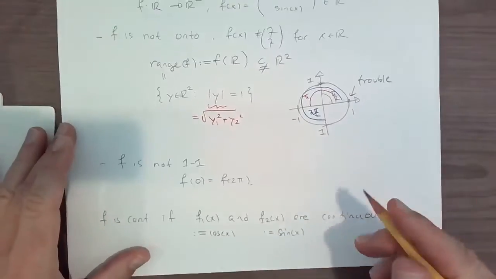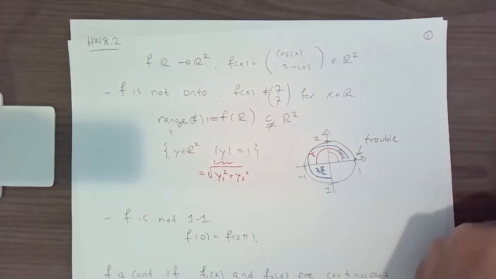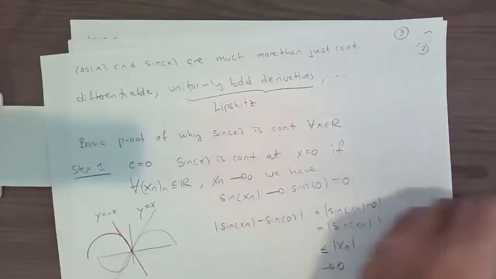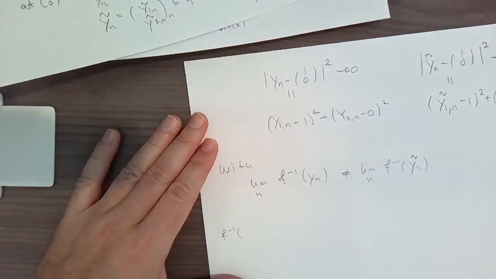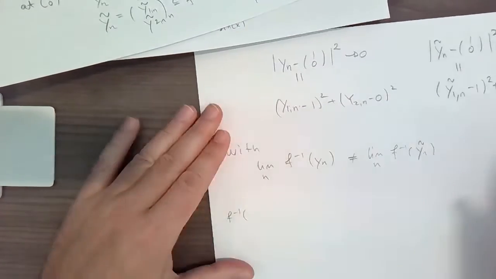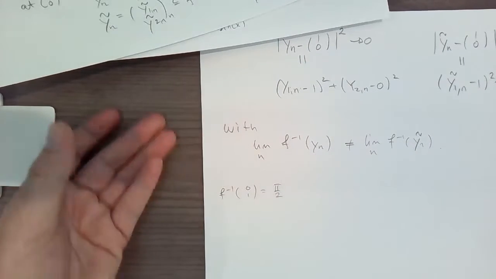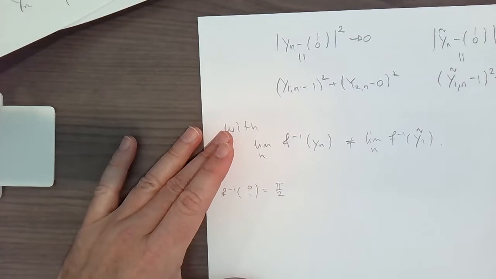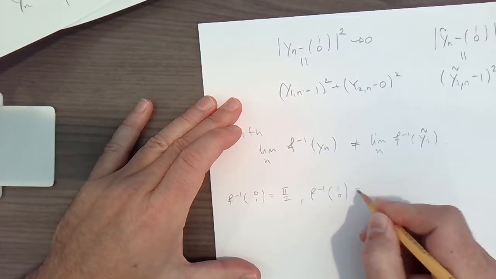Right, so F inverse of the point with first coordinate 0 and second coordinate 1 is pi over 2. And the F inverse of (1, 0) is going to be 0.